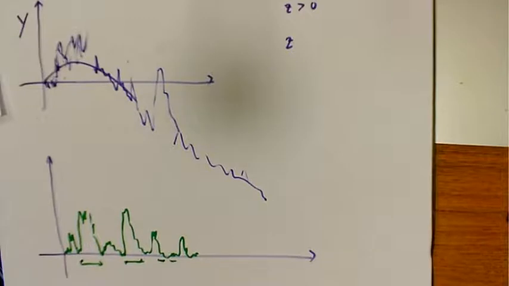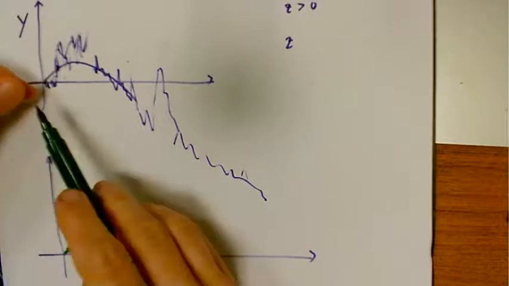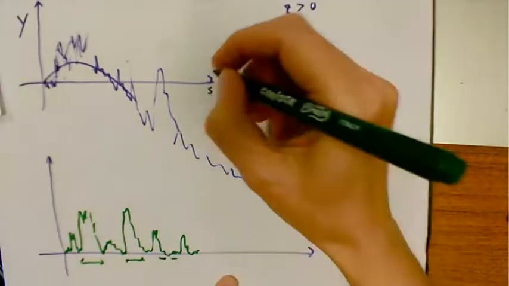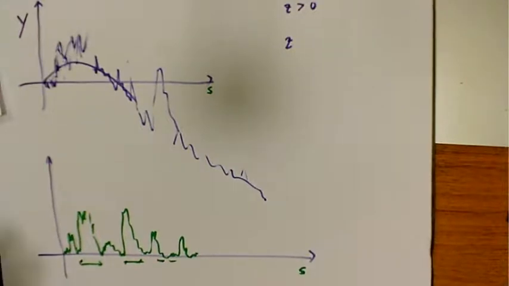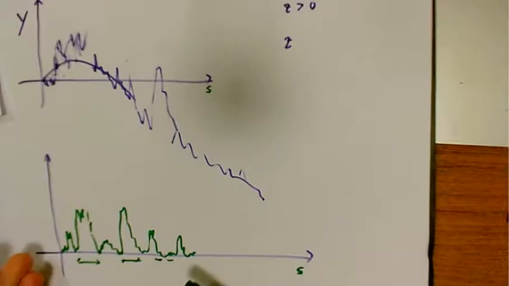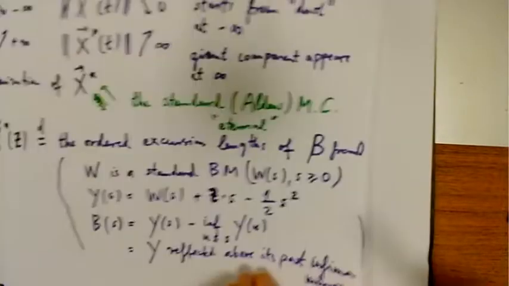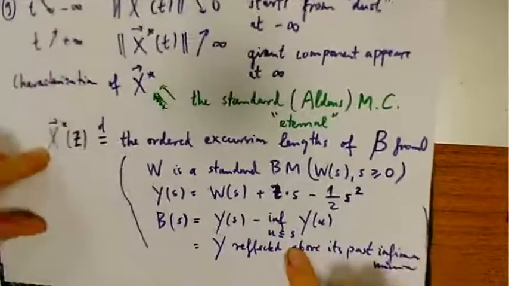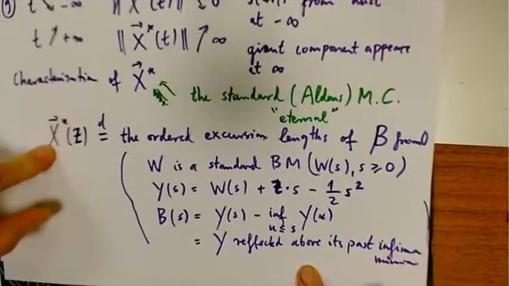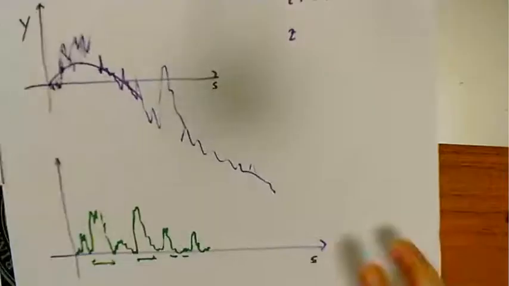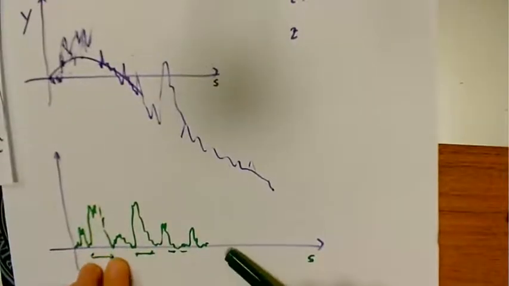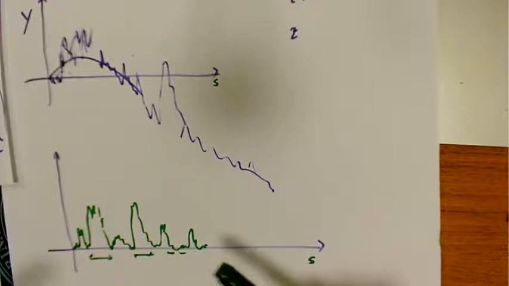When you put their lengths in order, they are ordered in some natural way in terms of this auxiliary time s. When you order them, you get an L2 vector, and the law of the standard multiplicative coalescent at time Z is equal to the law of the excursion lengths when they are reordered.